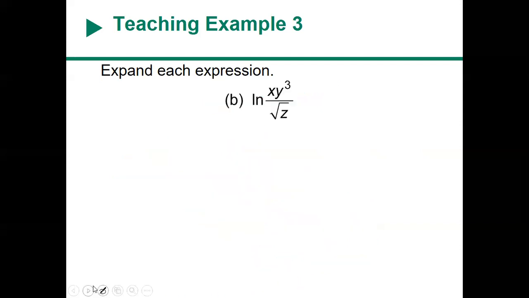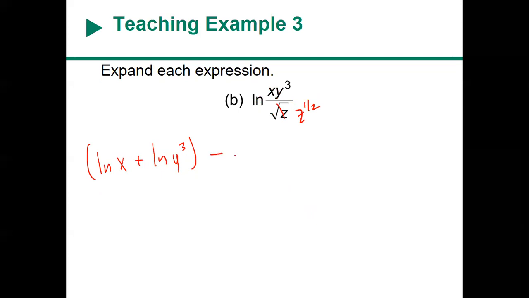Still good? All right, let's get a little crazy. So looking at this one, we have product, we have power, and we have quotient, right? All 3 in 1. Okay, so I'm going to rewrite this as z to the 1/2. And now I'm just going to start doing it piece by piece. So in my numerator, it becomes natural log of x plus natural log of y to the third.